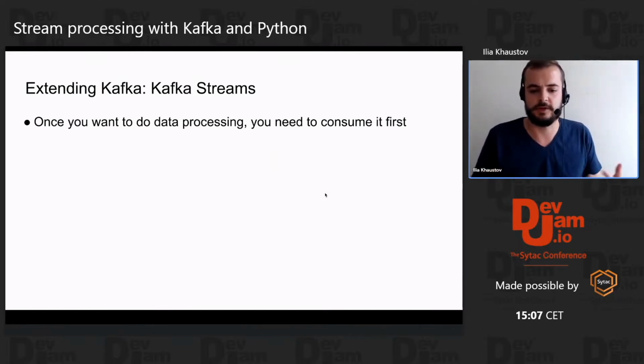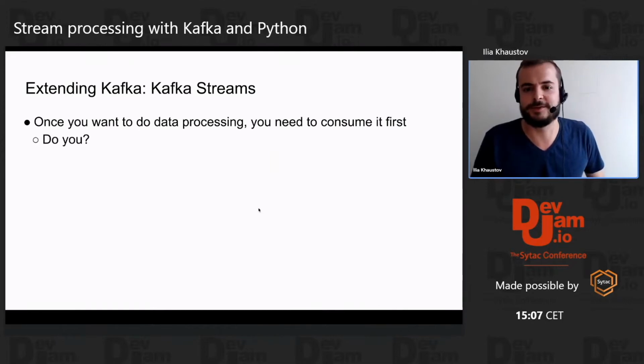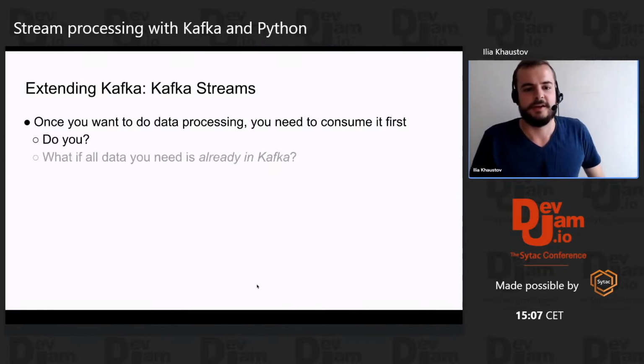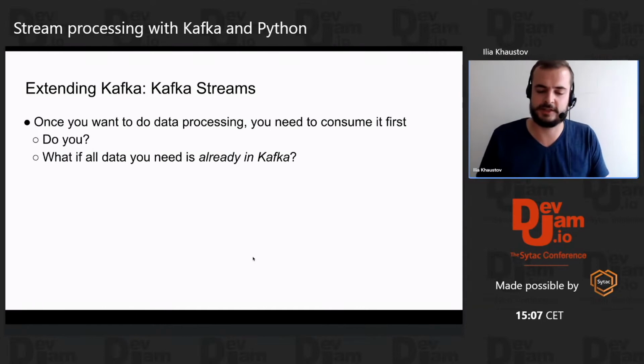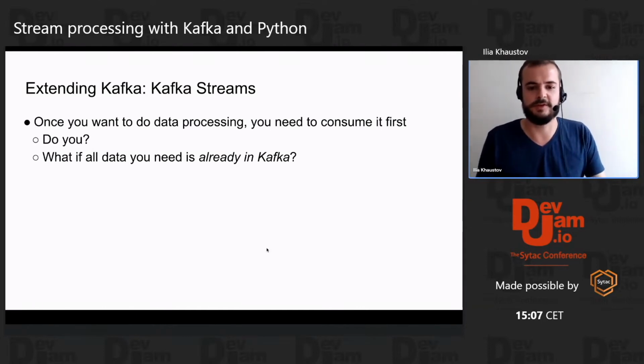It's just for reading in and writing out, maybe doing some basic things. But do we really need to consume data to process it? Because it's somewhere in a Java application, in a topic. And what if all the data you need for processing is also somewhere in Kafka, in a topic, and accessible to you from inside Java?